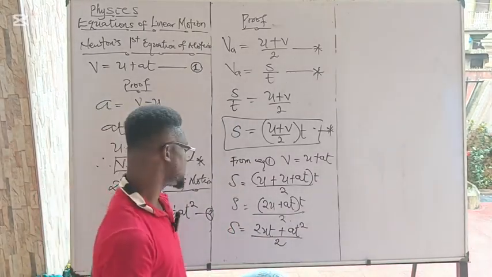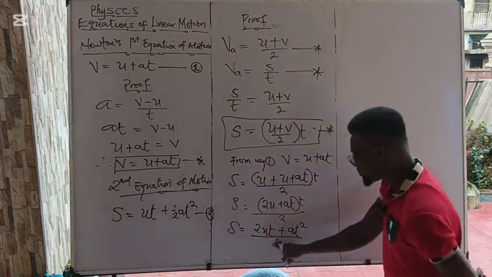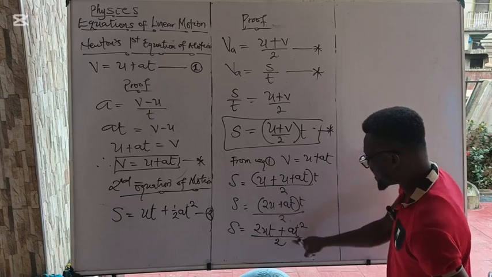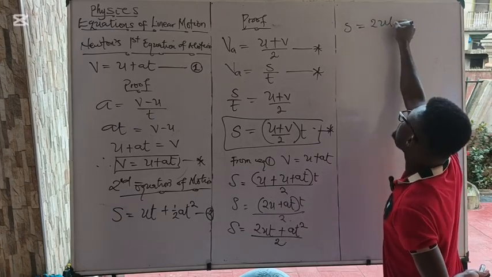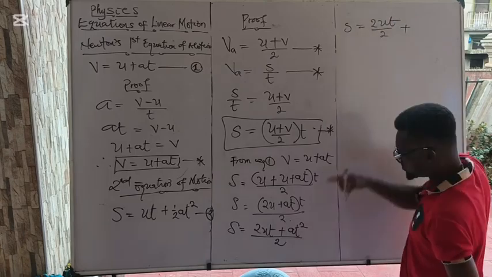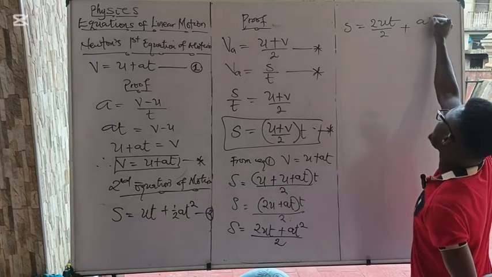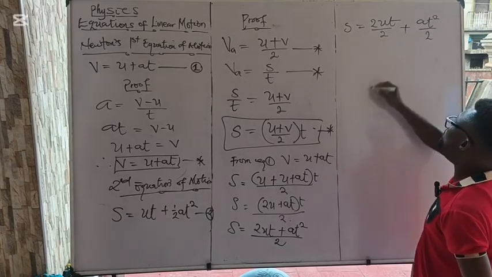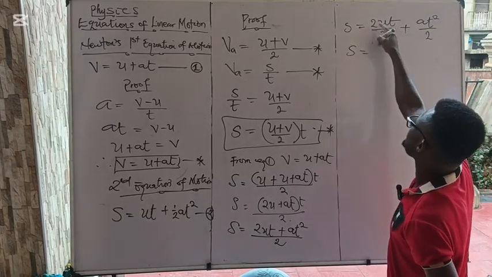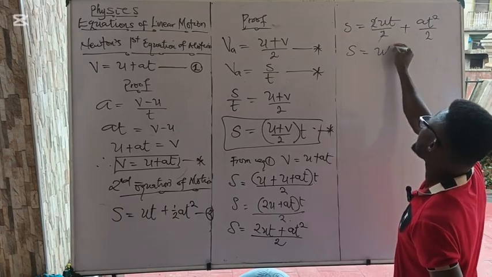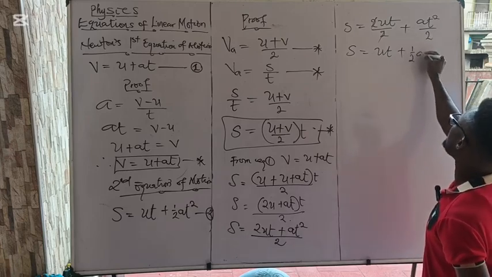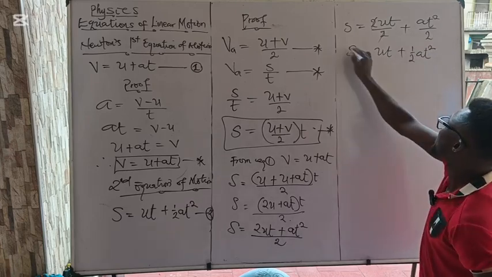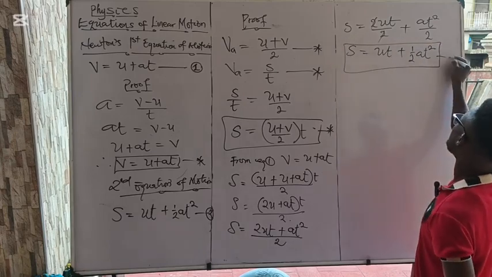At this point, if you divide the terms by 2, that is S equal to 2ut divided by 2 plus AT squared divided by 2. So 2 will cancel 2, we have ut. Then AT squared divided by 2 gives you half of it. So we have the formula proved.